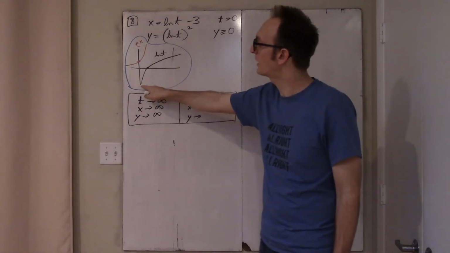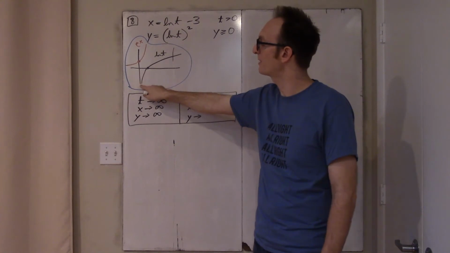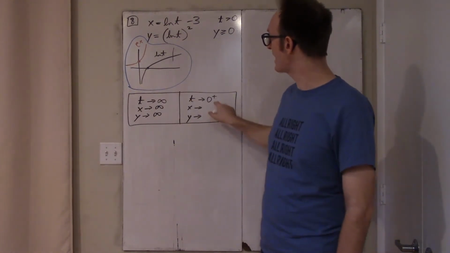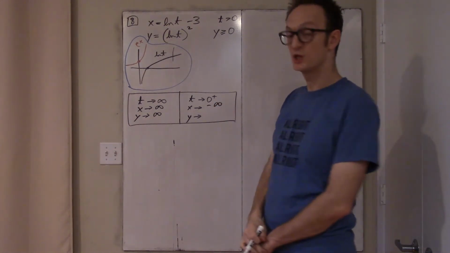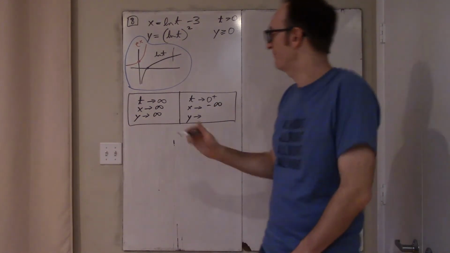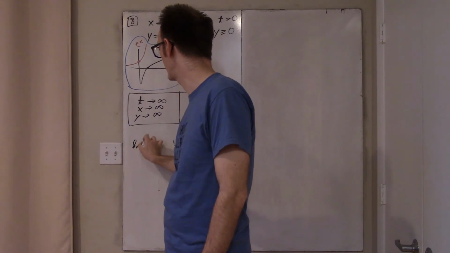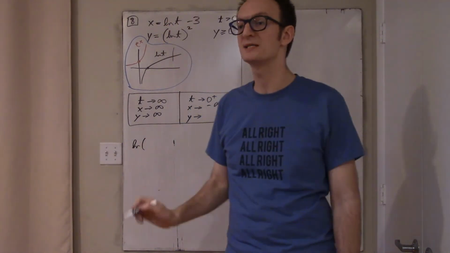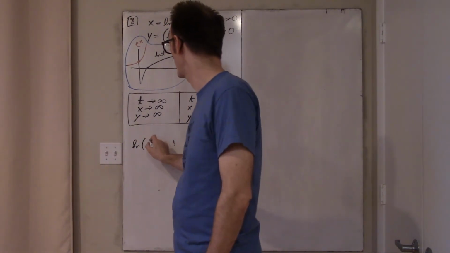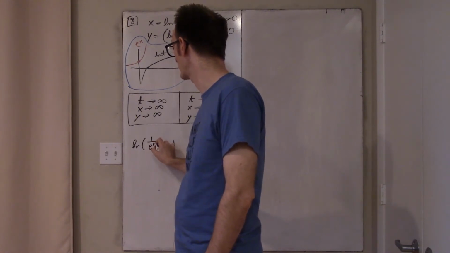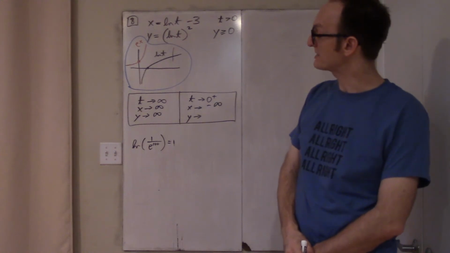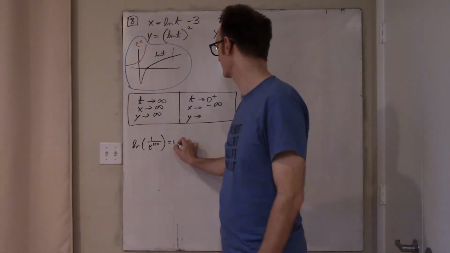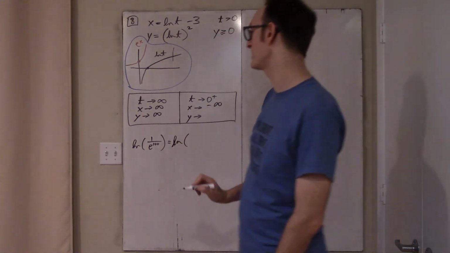Okay, how about as t approaches 0 plus? Well, I think it's pretty clear from my picture, so it's probably a good thing that we did that. When you take the natural log of a tiny, tiny positive number, it is a huge negative number. That's because ln of, what's an example of a tiny, tiny positive number? Something like 1 over e to the 100th is a very, very tiny positive number. But here I'm just doing some more remedial precalc, right?